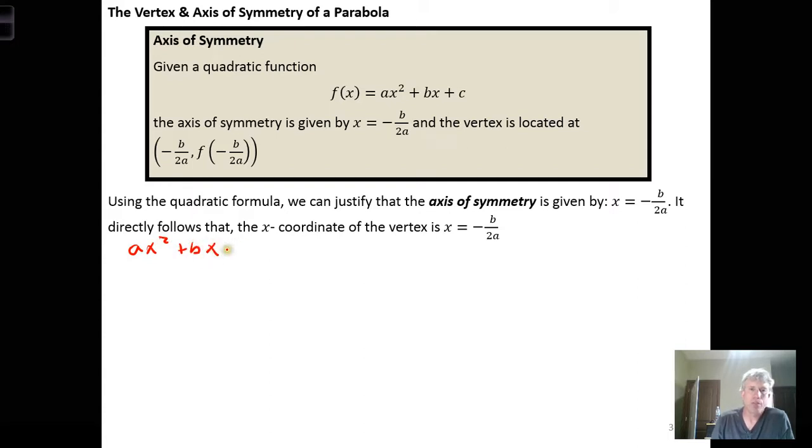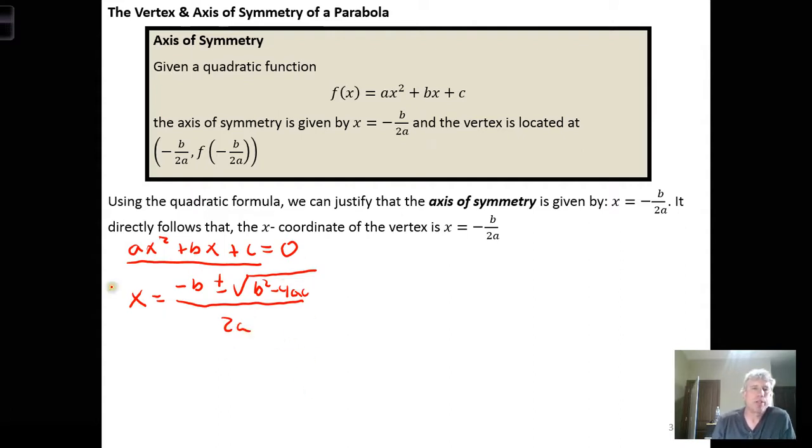We had equations of the form ax squared plus bx plus c equals 0, and we used completing the square on this equation to come up with the quadratic formula. x equals negative b plus or minus the square root of b squared minus 4ac all over 2a. And we want to recall in particular that this gave us the x values for which the quadratic equation was equal to 0.